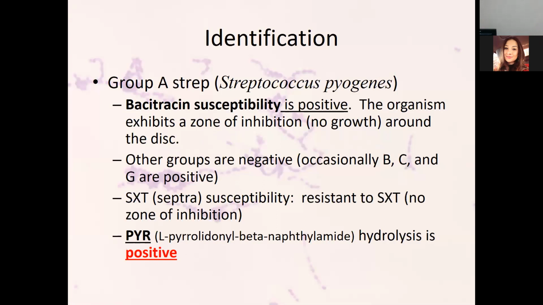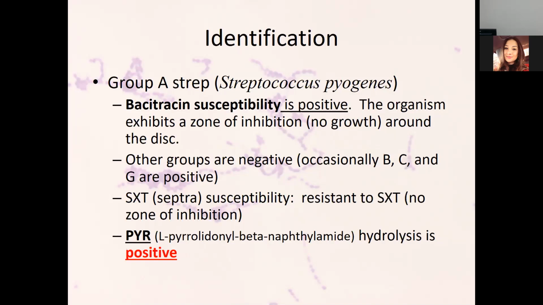But we're going to take a bacitracin. And how many of you know what bacitracin is? I'm sure you've cut your foot or your hand and you got some ointment out of the cabinet. Your mom said, let's put some of this on there.